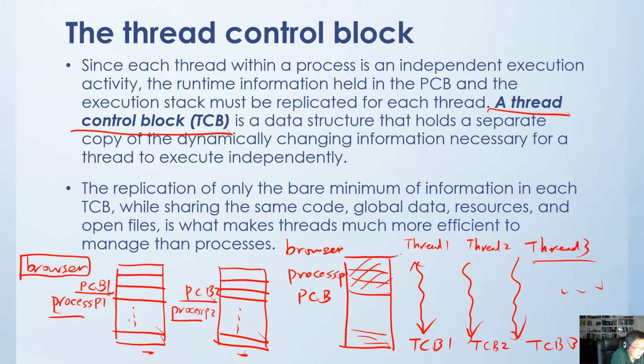So instead of creating three different processes with three different PCBs for three browser windows, you create one process with three threads. Then you have one PCB and three thread control blocks.